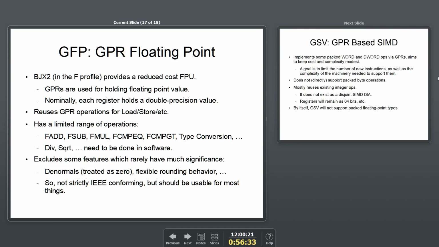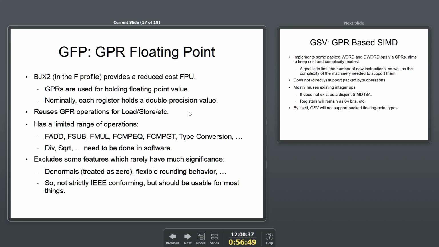But I've got it a little bit better now, mostly by making the conversion between float and double able to use a 16-bit encoding and similar.